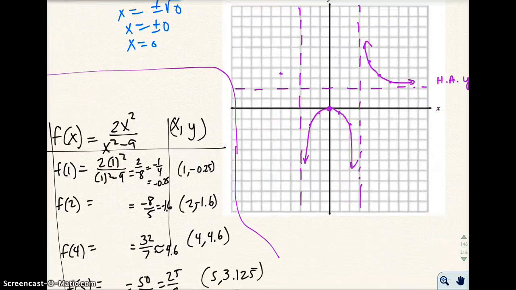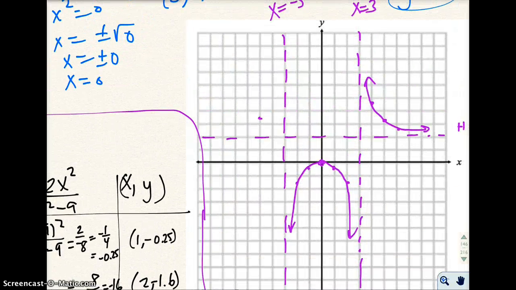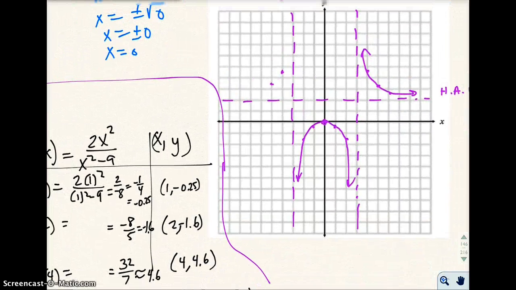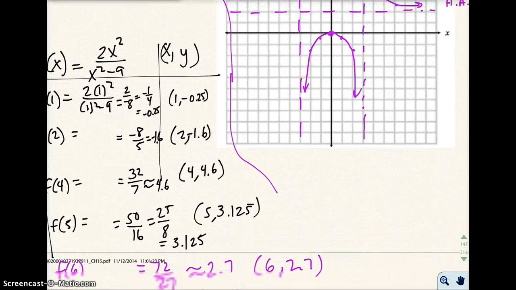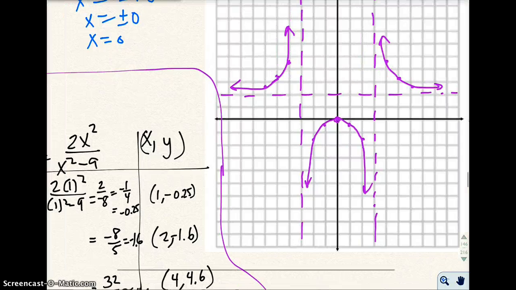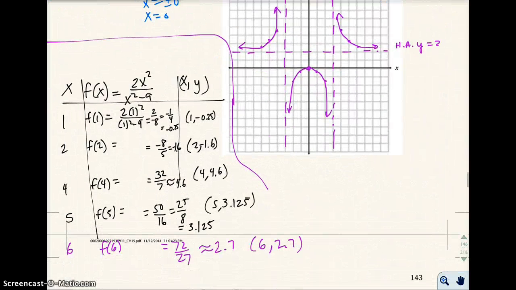And I have negative 4 and 4.6. And negative 6 and 2.7. So instead of plugging in all the negative values in my table, I don't have to do that because I know I have y-axis symmetry.